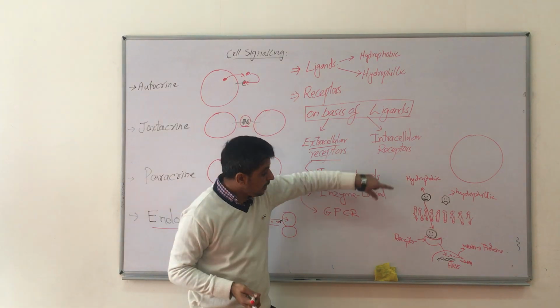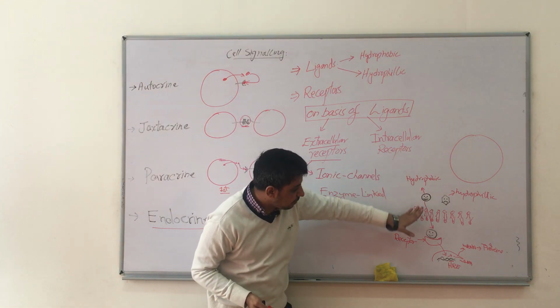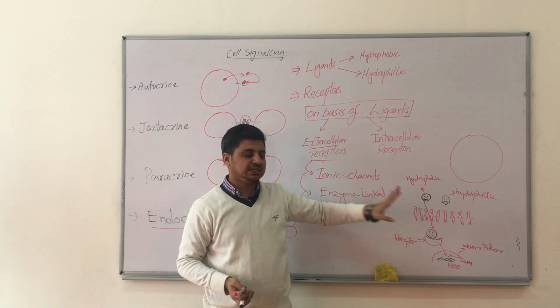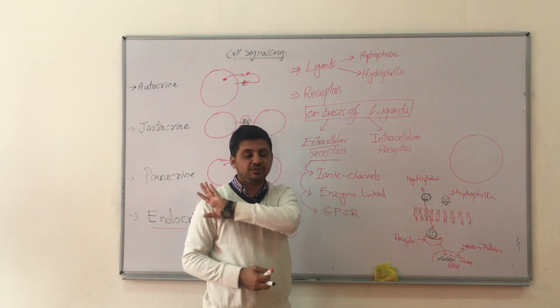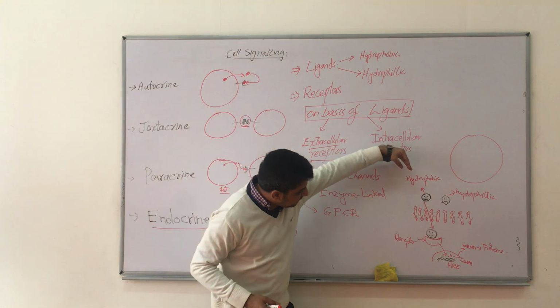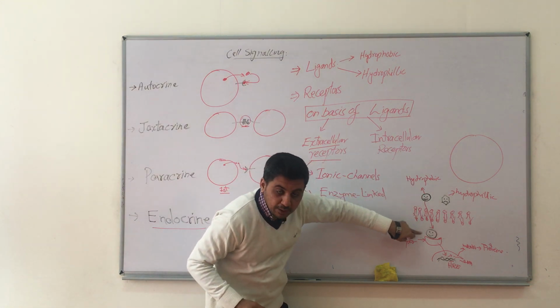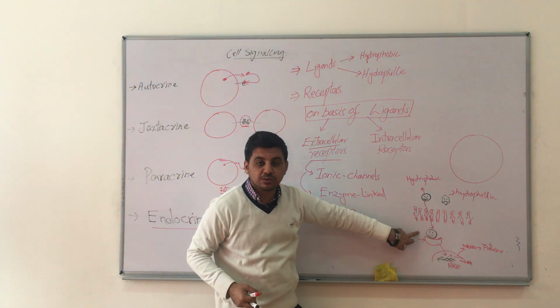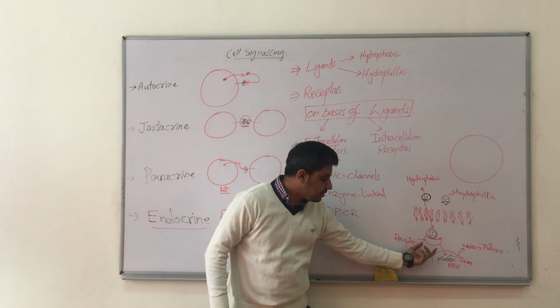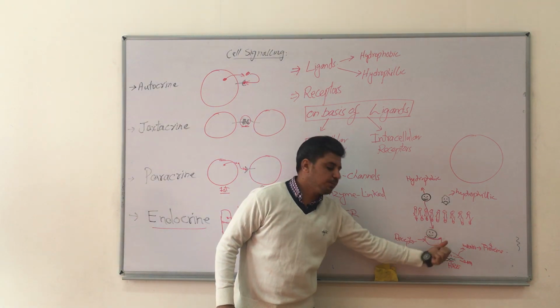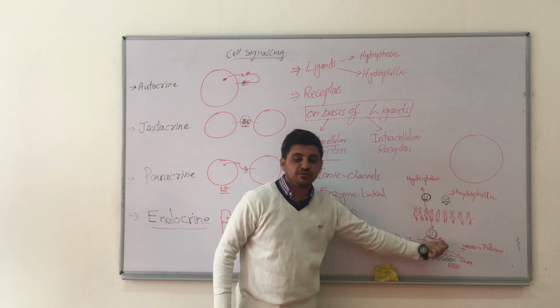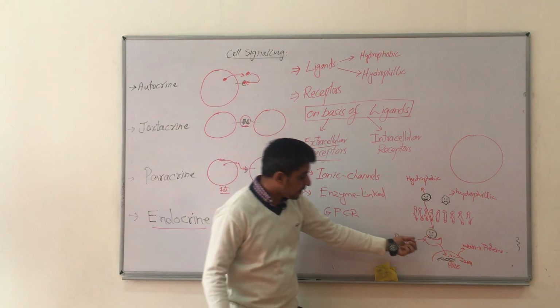I am explaining this once again: hydrophobic compounds will not be rejected by the cell membrane. They will have no membrane barrier and will enter into the cytosol. After coming inside the cytoplasm, there will be a receptor, either in the cytoplasm or attached to the nuclear membrane, so we name them nuclear receptors.